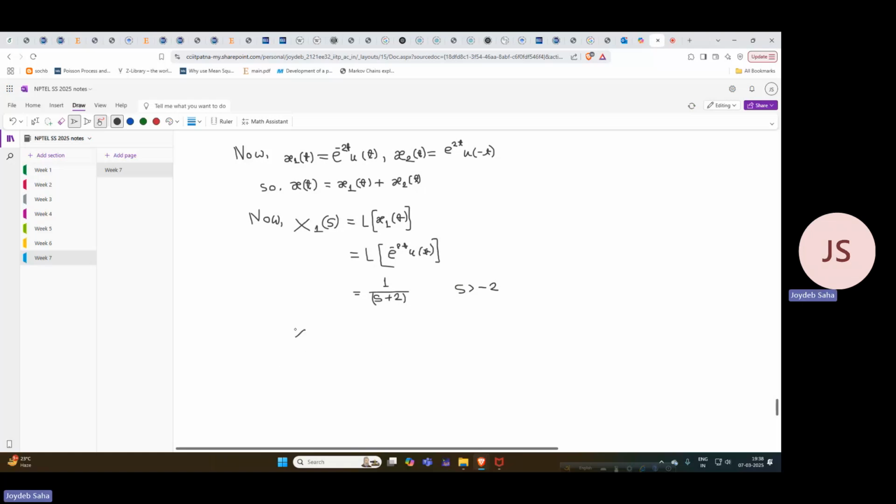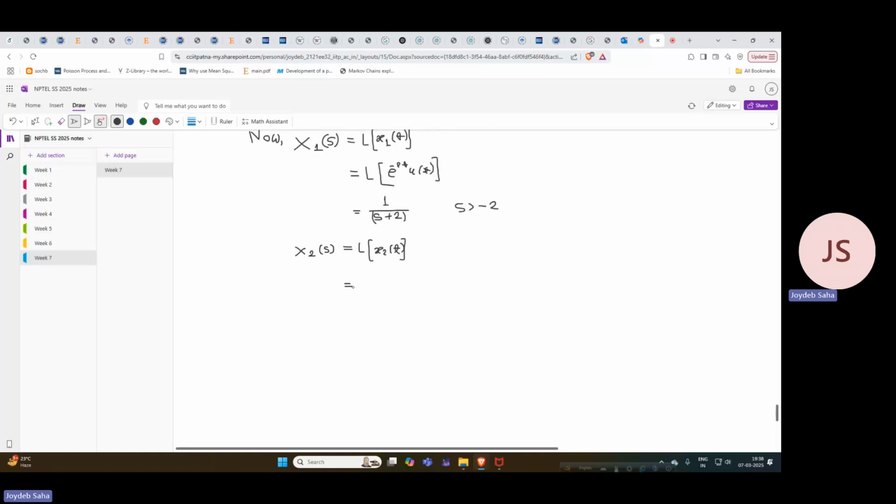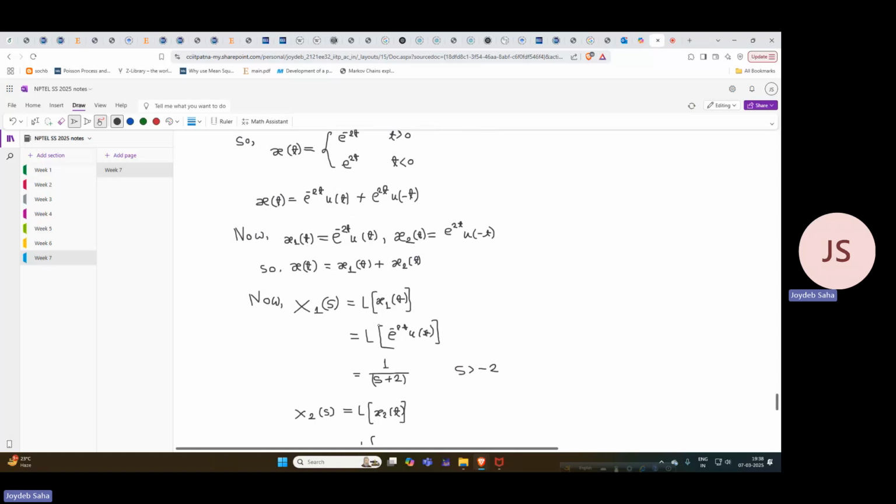Now X2(s) is equal to Laplace transform of x2(t), which is e to the power 2t u of minus t.